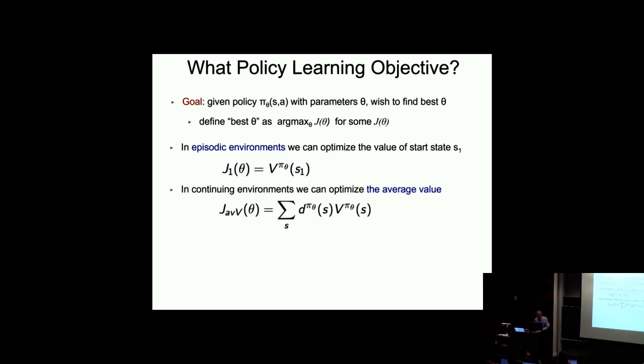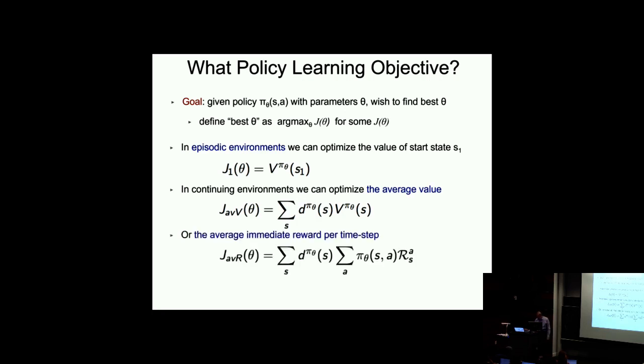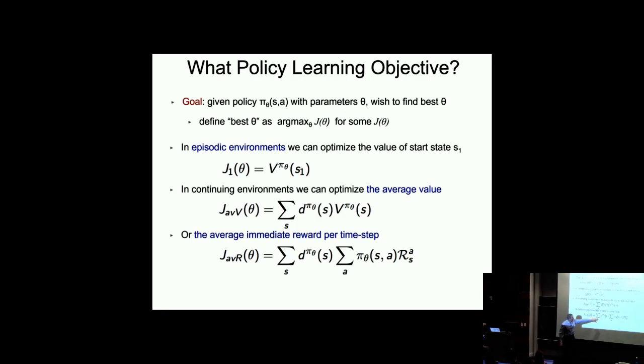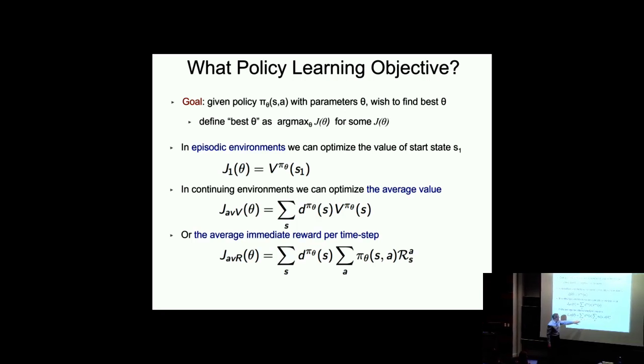And so this is a common objective to optimize when we have continuing, not episodic, environments. Another one which will give you the same policy is to instead just maximize the average reward per time step, which is, again, the expected value over the state distribution of the reward we're going to receive if we follow the recommended policy.